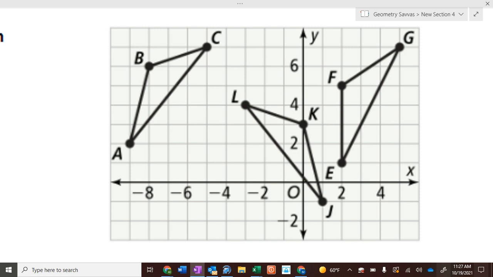What one's not congruent? EFG is not congruent. And the reason why EFG is not congruent, see how you go up 2 and to the right 3? You go 2 in one direction, 3 in another direction. Here you go 3 and 1. Here you go 1 and 3. 3 and 1, 3 and 1 are the same. 3 and 2 are not. This is not the same.